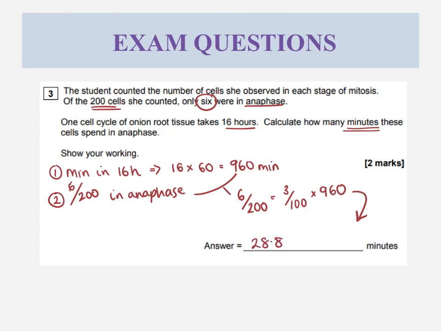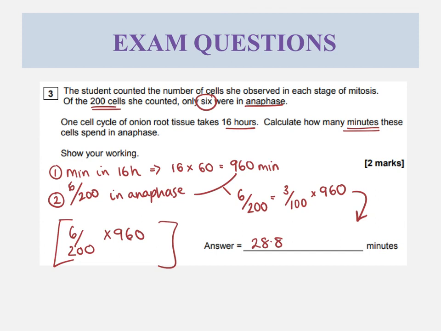28.8 minutes. Now it does specify in the mark scheme that you can have a mark, and I'll put that down here in this box, if anywhere you've written 6 over 200 times 960, even if you've typed it into the calculator wrong.